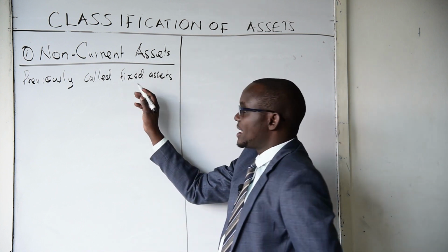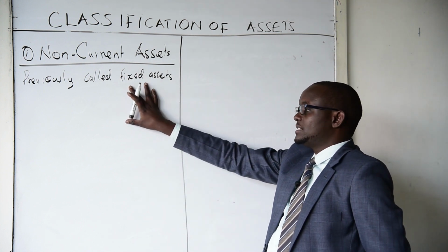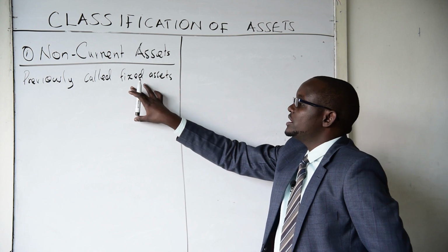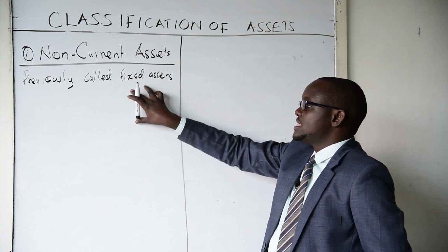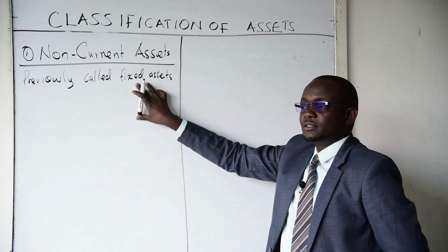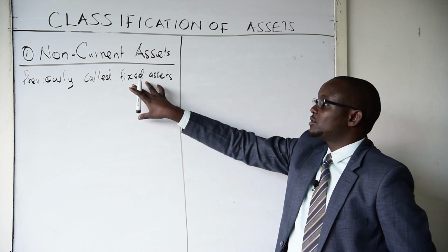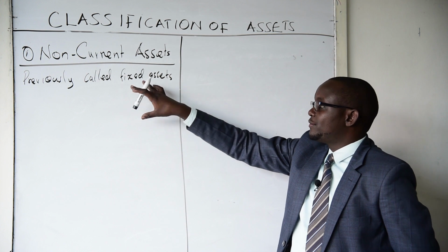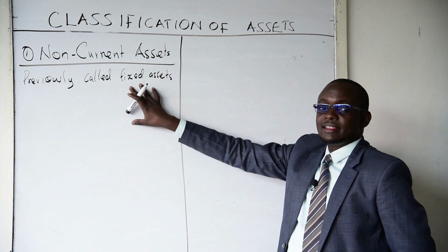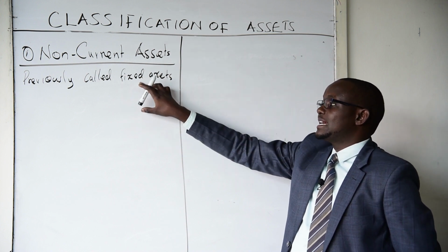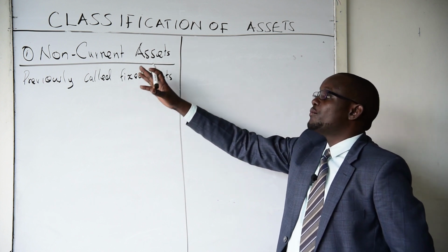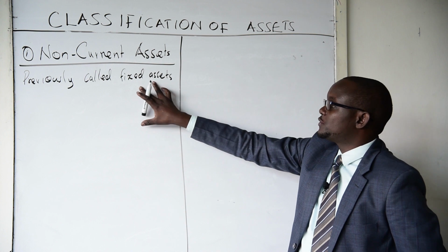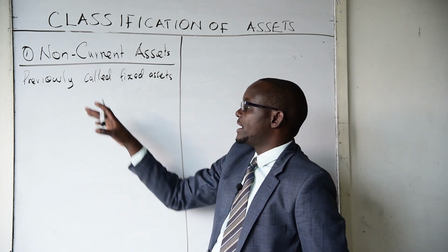The main reason why these assets were being called fixed assets is that the majority of them were immovable. They were fixed on the ground. They couldn't be moved. Accountants later agreed that even some assets that are said to be fixed, like a motor vehicle, are still movable. Hence, the name was changed from fixed assets to non-current assets.